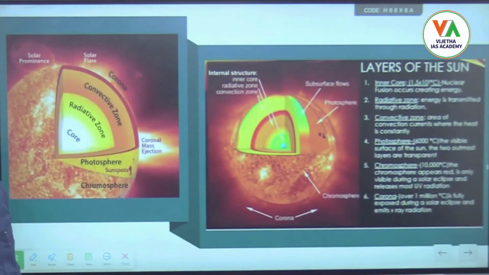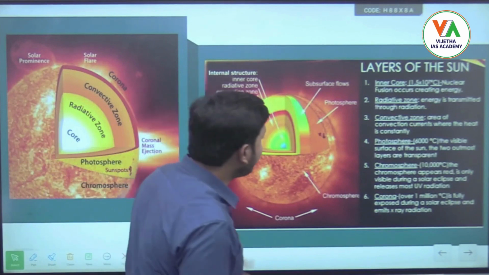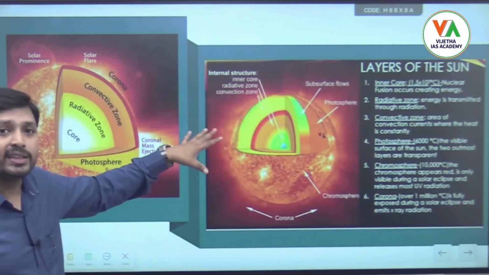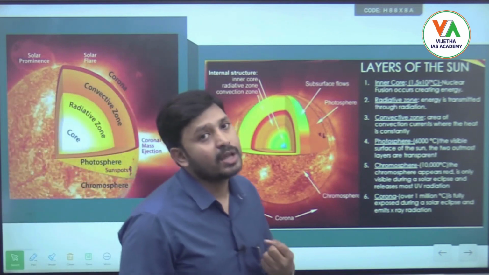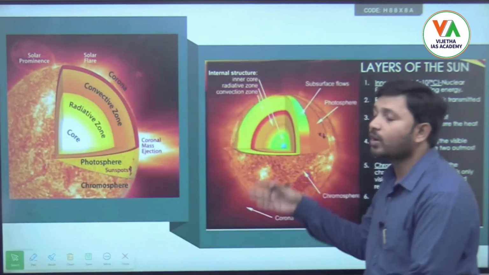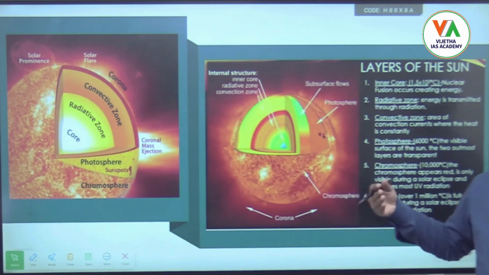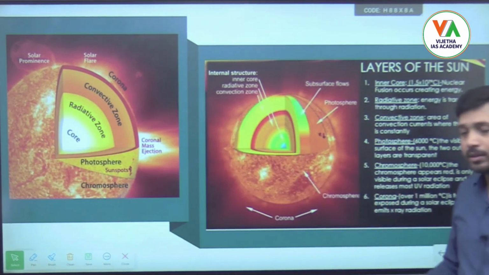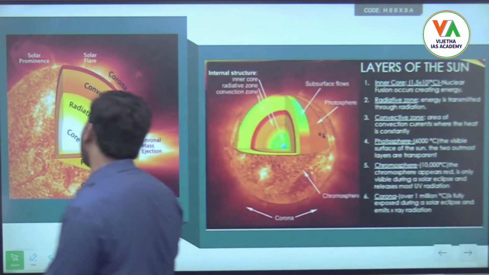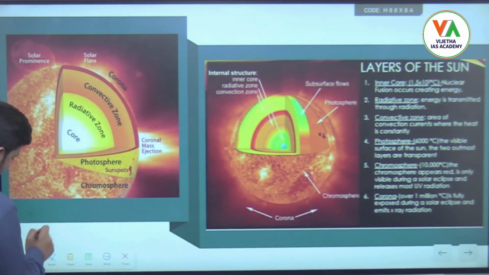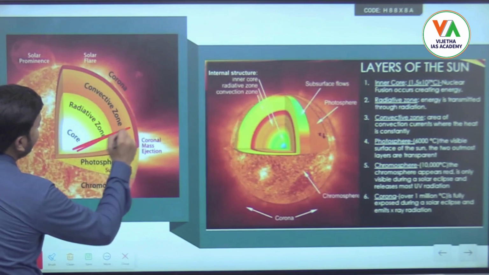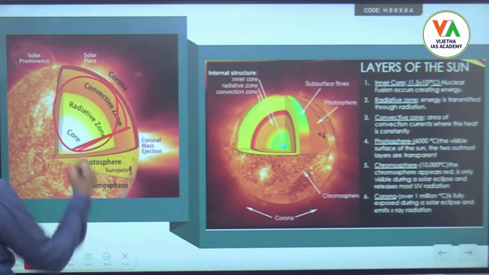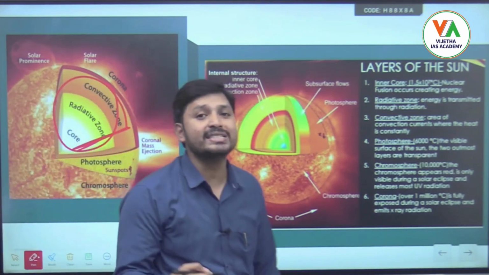What is the purpose of this Aditya L1 mission? See, this is the sun. There are different layers of the sun, or we can say different structures. The structure of the sun consists of different layers. There are six layers of the sun. The core, the radiative zone and the convective zone, these three layers are called inner layers.